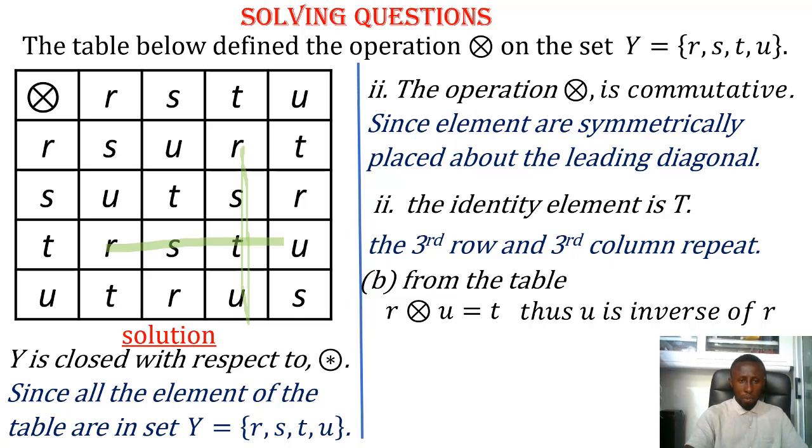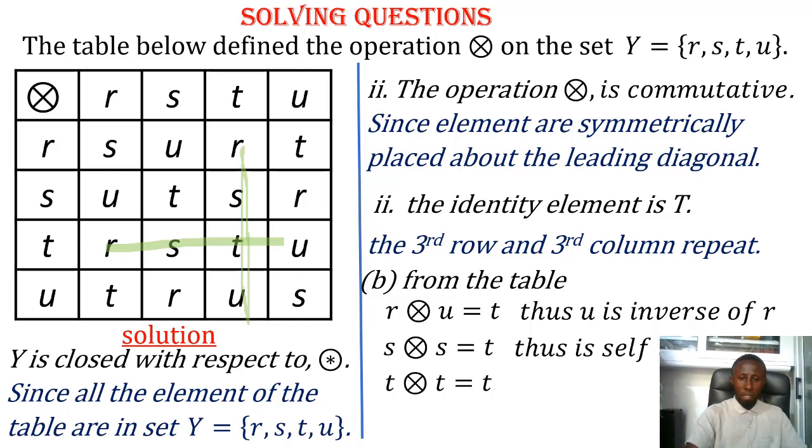And here we have T. So S is self inverse. S operation S gives us T, meaning it's self inverse. Okay, S is self inverse. And here we have T. Good.